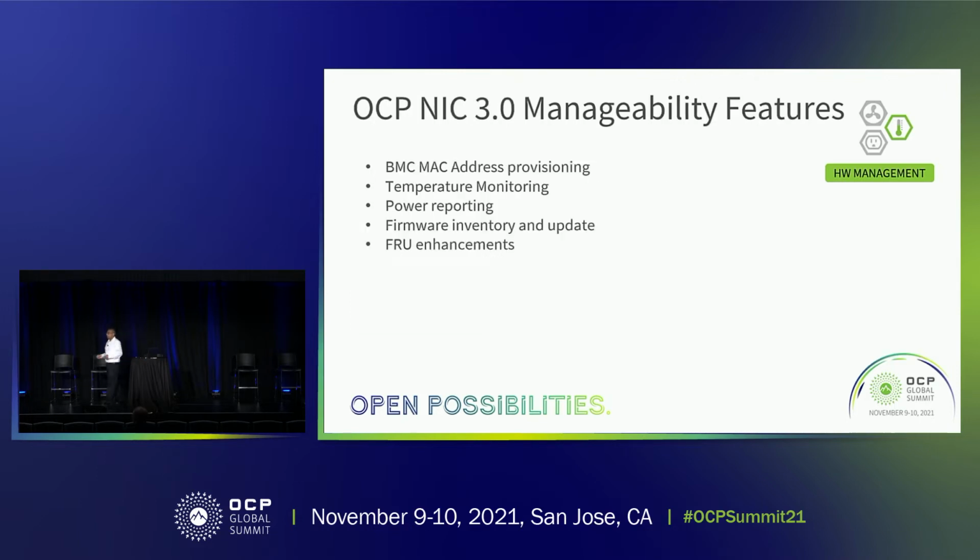Before we go there, I want to talk about some of the key features that OCP NIC 3.0 had. The first one covers the use case where there are BMC implementations. When you use the shared NIC model, what I mean by shared NIC is the NIC is being used for the host traffic as well as being shared by the BMC to run the management traffic. There is no separate network port that is being used for management.